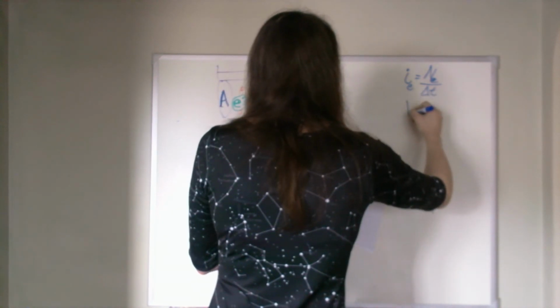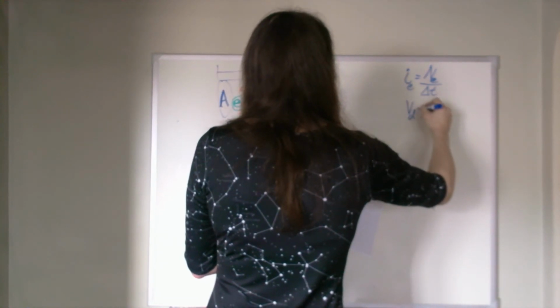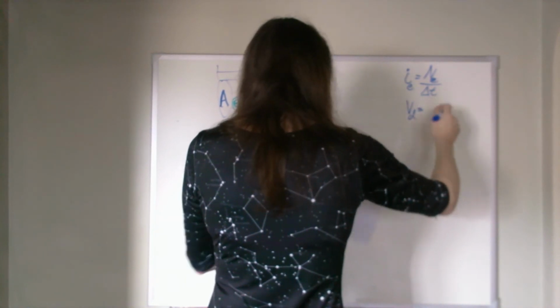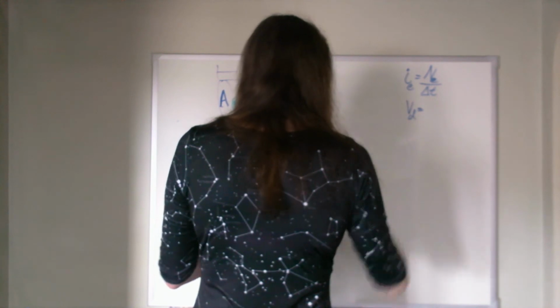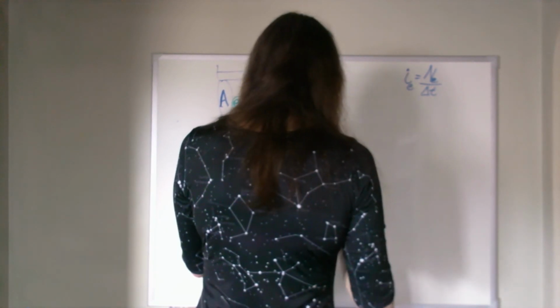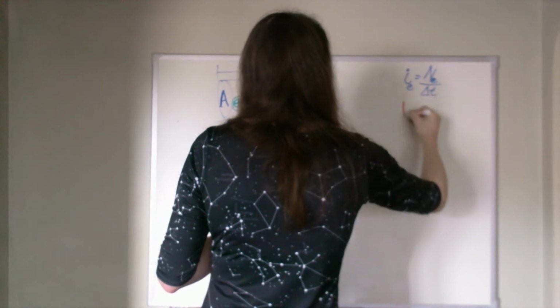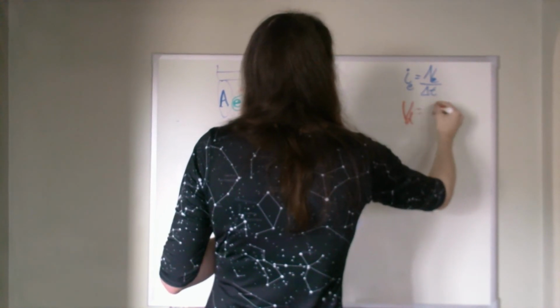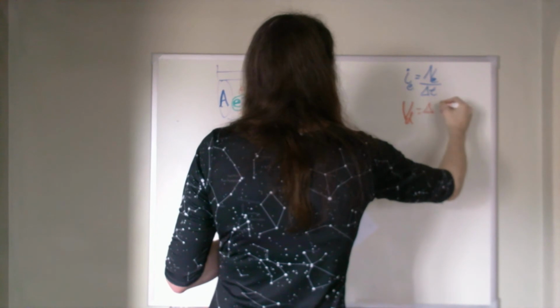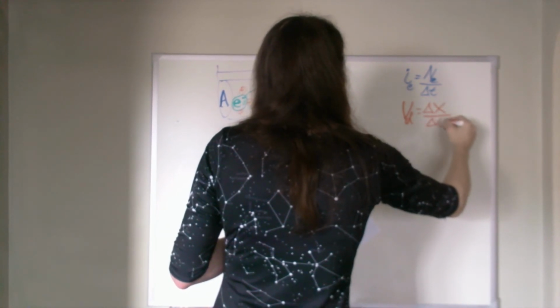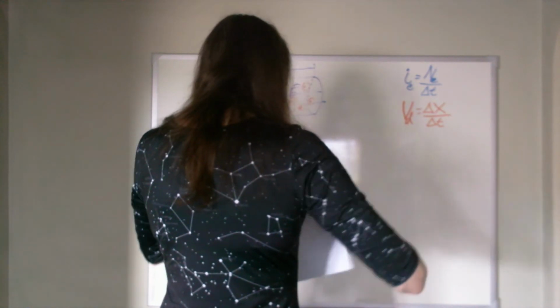We have drift velocity of those electrons is, here, let's color code these. Drift velocity is just the distance those electrons move per unit time on average.